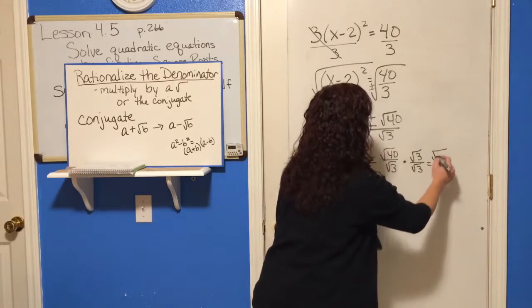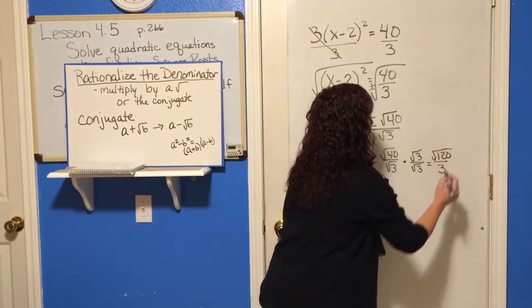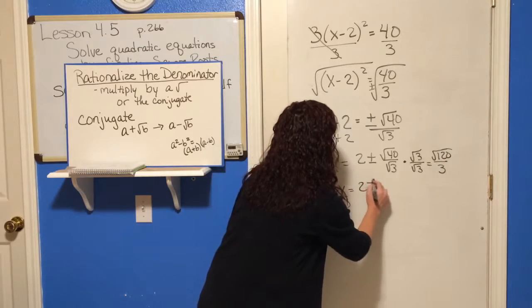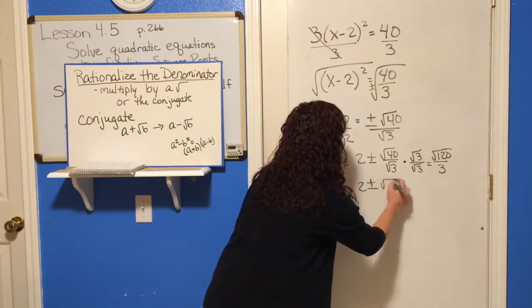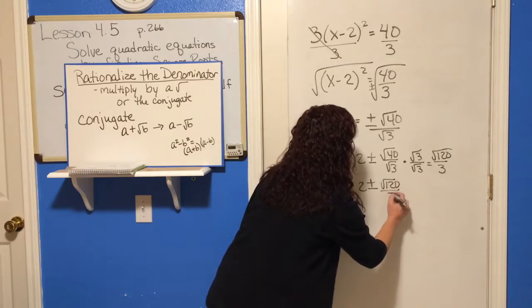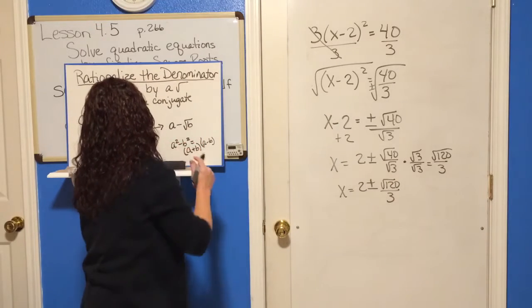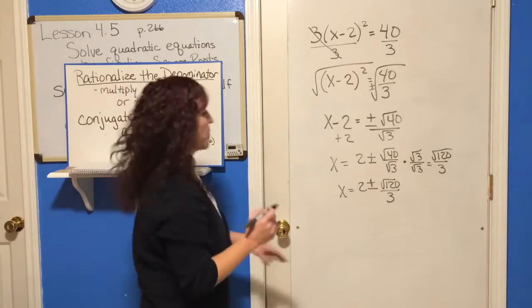Oh, shoot. So we've got x equals 2 plus or minus the square root of 120 over 3. And then is there a perfect square in that 120 that I missed? That's what I missed. Let's do it.